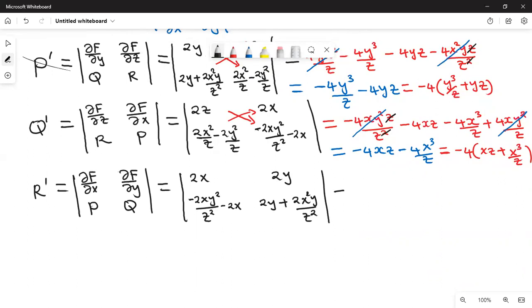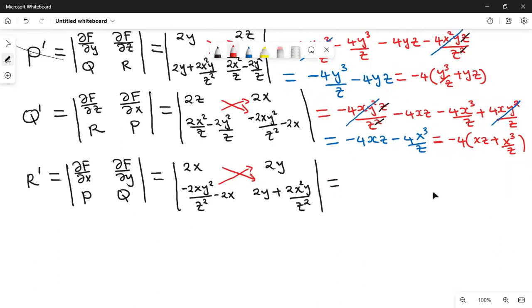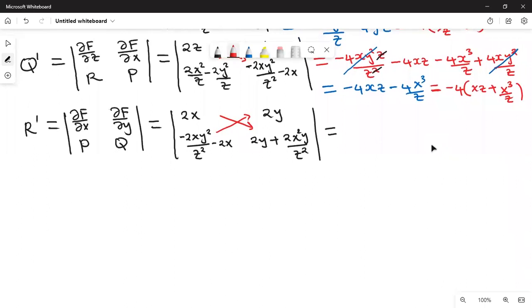So for that determinant, again we multiply, this will multiply this, and the whole of this will multiply y. So let's start with the product of the leading diagonal. What are we going to get? If we multiply, we are going to get 4xy plus 4x cubed y over z squared. Then now the product of the other diagonal, a minus and a minus will be a plus.